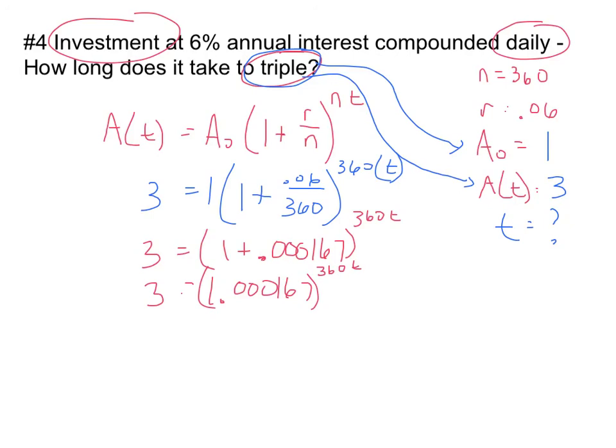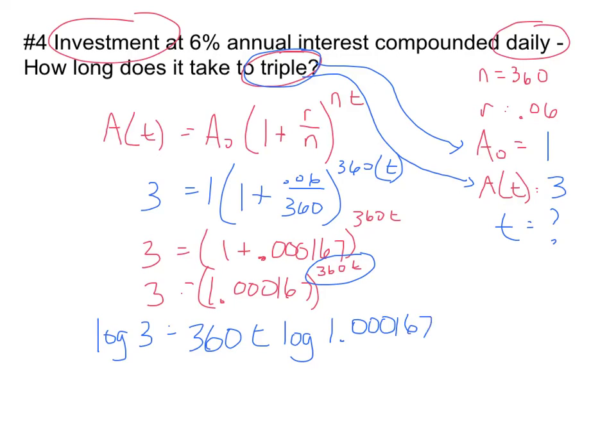Now, where's the t at, folks? The t is in the exponent. I don't want it in the exponent, so what do I got to do? I got to take a log of both sides. He is a little baby. Make him a big baby. And take a log of whatever the base was. Now, you just got to get t by itself.